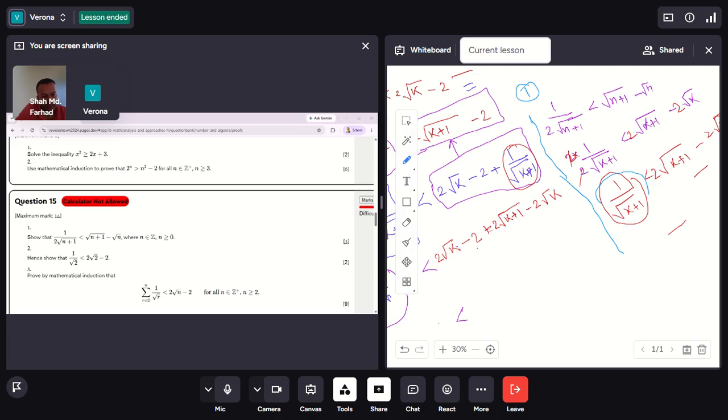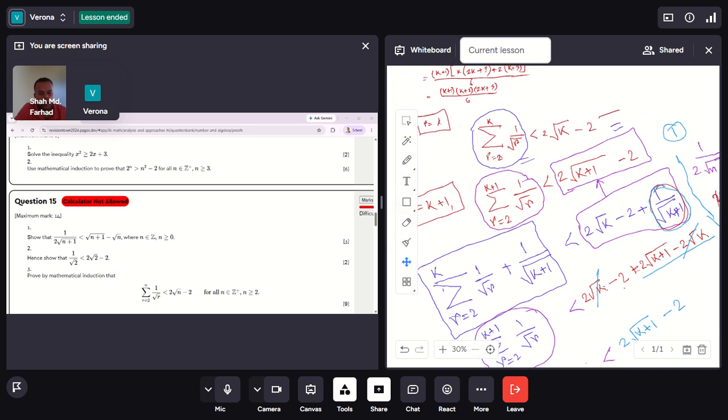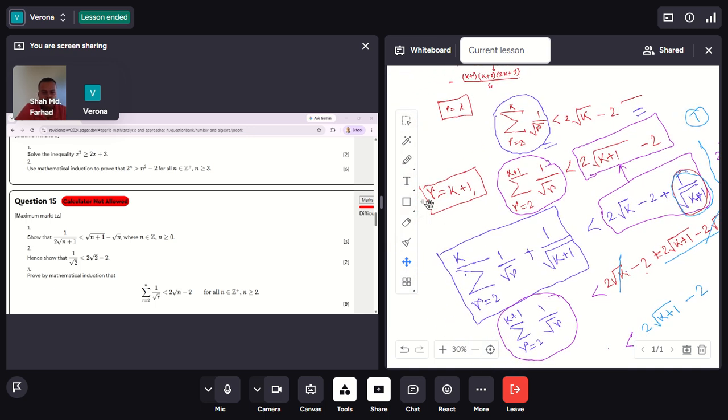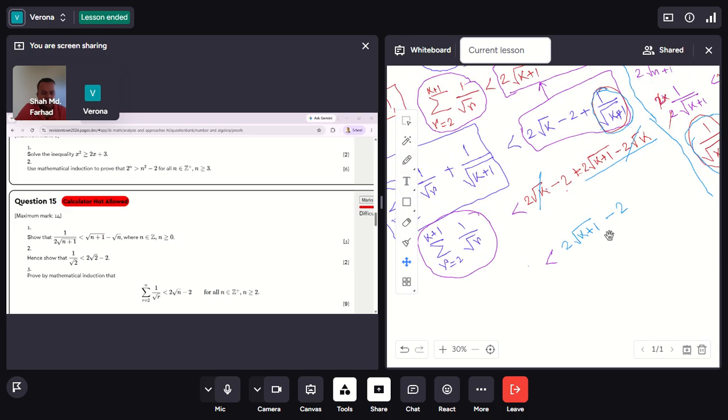So this term is less than this, that's why they substituted this term with this. Now we can cancel out these two terms. Then it gives us 2 root k plus 1 minus 2. So that is basically our right side for r equals k plus 1. This one is the right side.